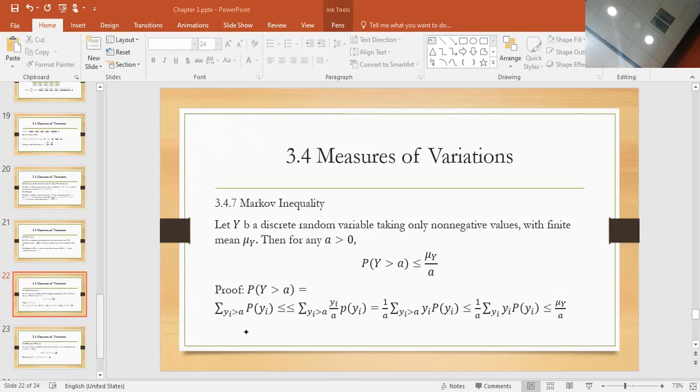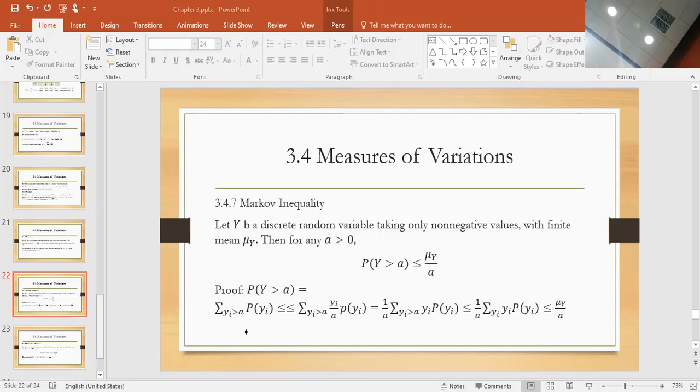So this one that is multiplying p of yi, I will replace it with yi over a, and write here p of yi. So now, I'm going to say that this is true when yi is bigger than a. This is less than that here.